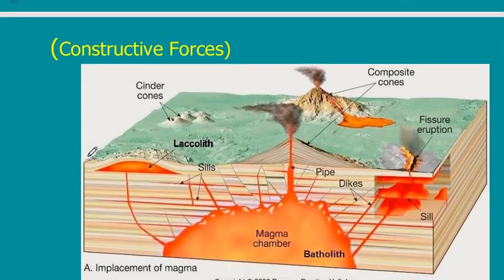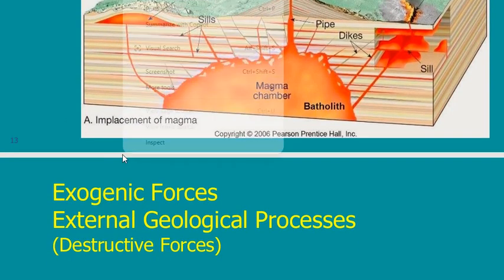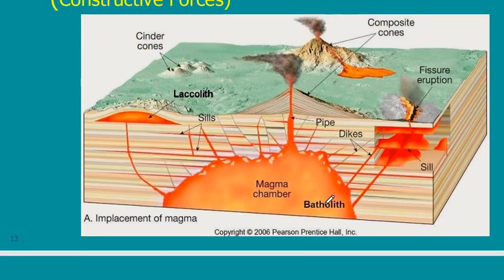Now we go to this, which is the shape of them. This is how the material from below comes outside. Here is the magma chamber. It contains magma inside. Magma is the molten rocks inside the earth. It can move horizontally or vertically at any location.